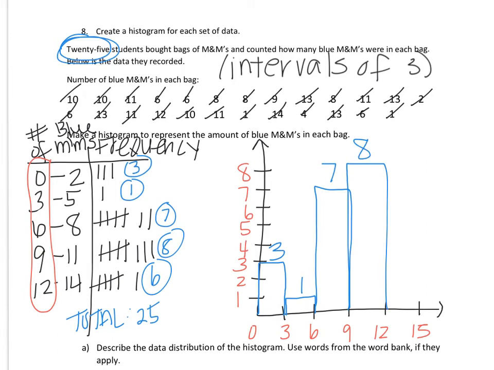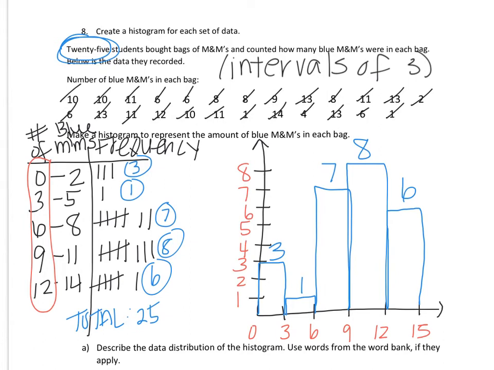And then 12 to 14 is going to go all the way up to 6. I think I said 9 to 12 earlier. I meant to say 9 through 11. And then this is up to 6. Okay, and that's my histogram.